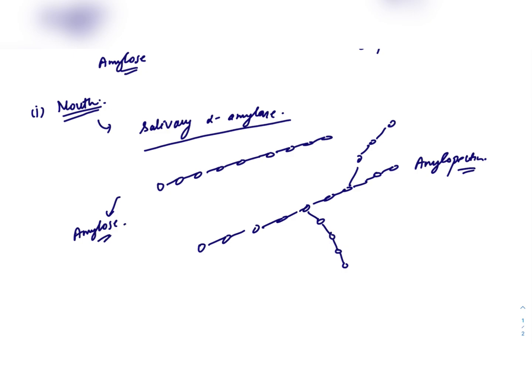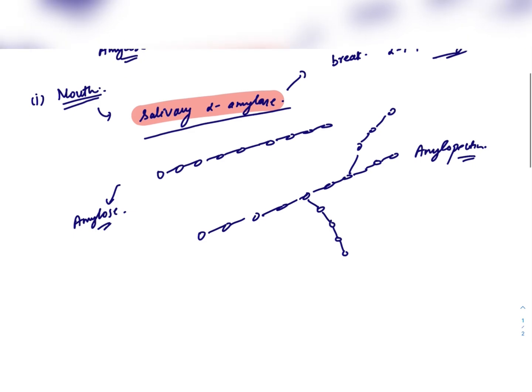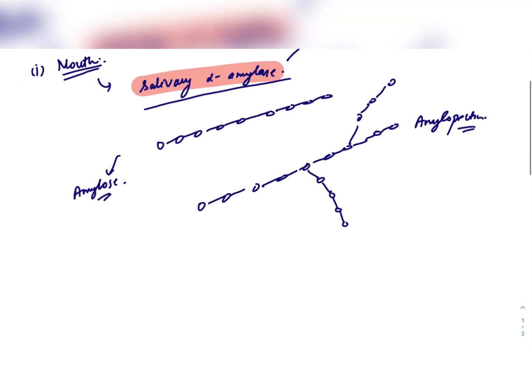So this salivary alpha amylase will break the alpha 1,4 glycosidic linkages. While the food is being chewed in your mouth, the salivary alpha amylase will break the alpha 1,4 glycosidic linkages which are holding the glucose monomers.